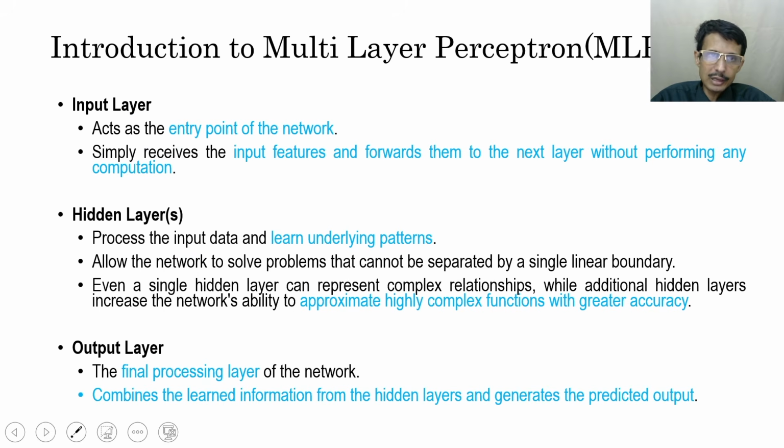Now we try to understand what the tasks of the different layers are. We start with the input layer, which acts as an entry point of the network. It simply receives the input features and forwards them to the next layer without performing any computation.